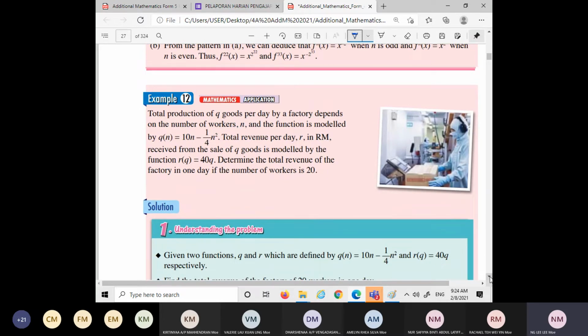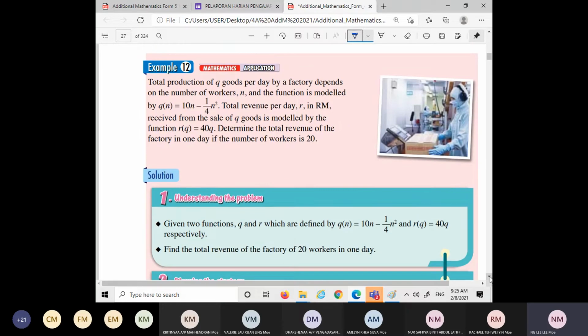You go through the question for a while. Actually this question is not very difficult. Don't look at the solutions. The solution is quite complicated. Actually, this question can be solved easily because they didn't ask for the composite functions.